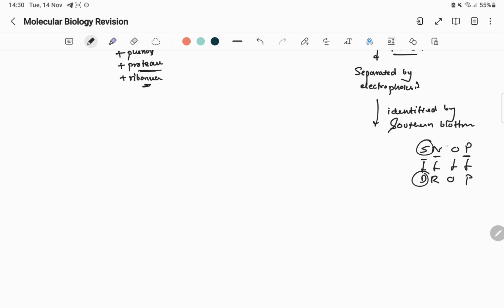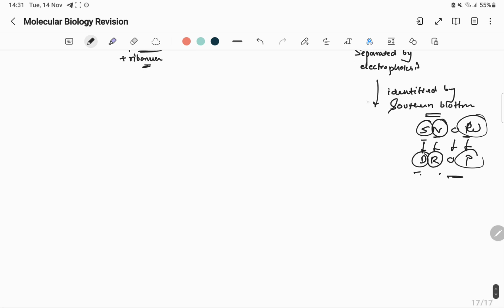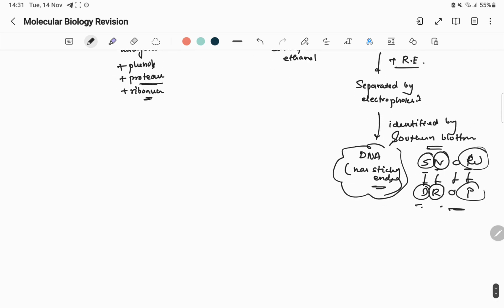Southern blotting is for DNA, Northern blotting is for RNA, and Western blotting is for proteins. So the desired DNA is identified by Southern blotting and has sticky ends now. So we have to generate the DNA with sticky ends.